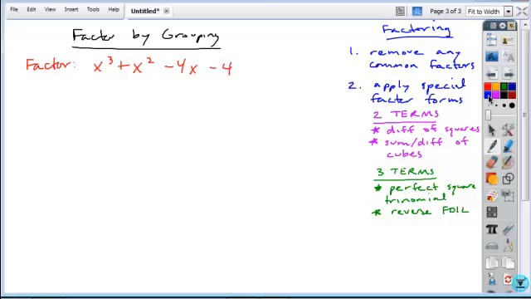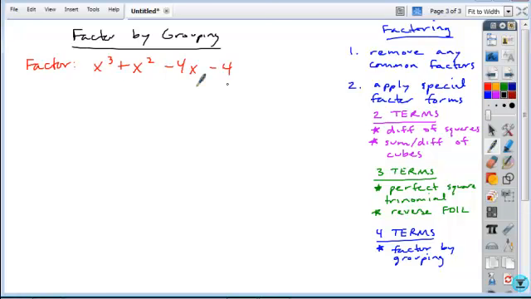If you wind up with 4 terms, then you're going to use factor by grouping. Okay, so let's follow this process through this sample problem.